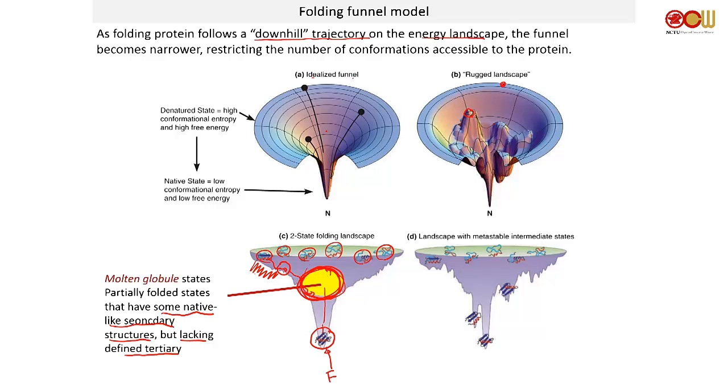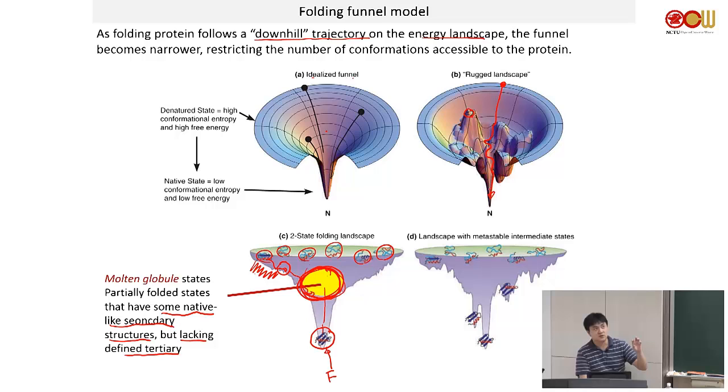Let's say you start from here, you're folding and then you hit here, and then gradually you find whichever is stable, and then you follow the stable route until the end. So you don't have the large conformational possibilities of a completely random process. After you fold a little bit, you sort of follow that direction.